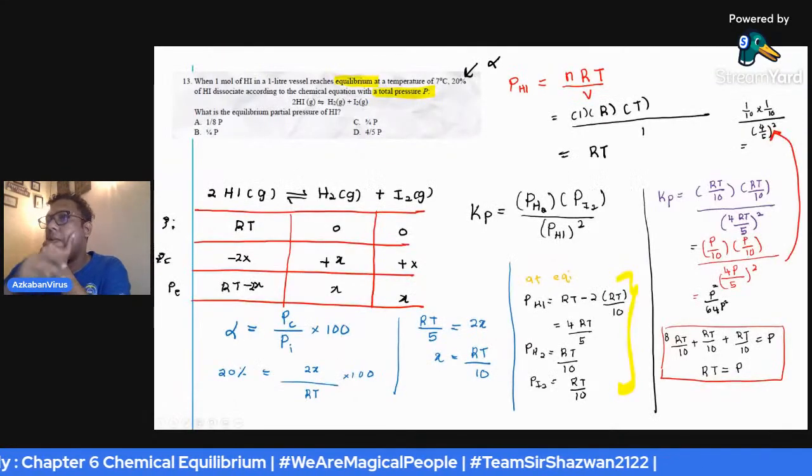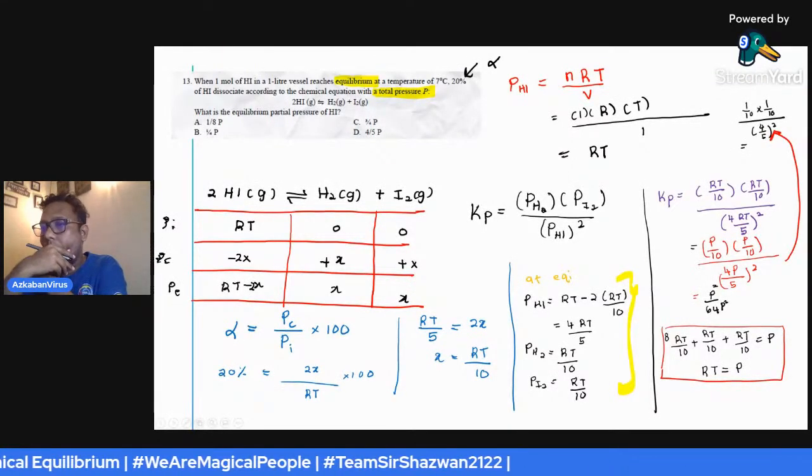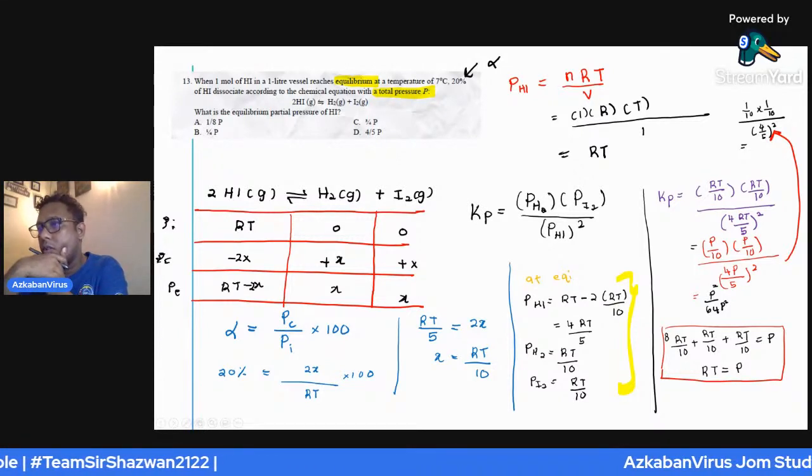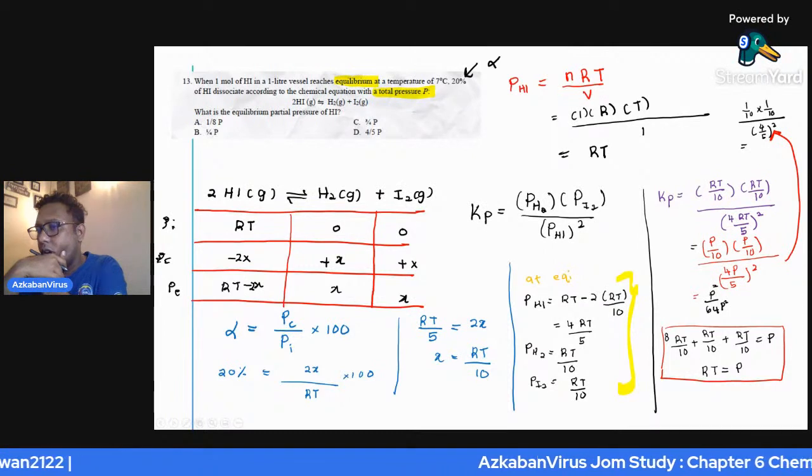Where did I go wrong? Minus 2x plus x plus x is correct. So the value of x is correct. Alpha.